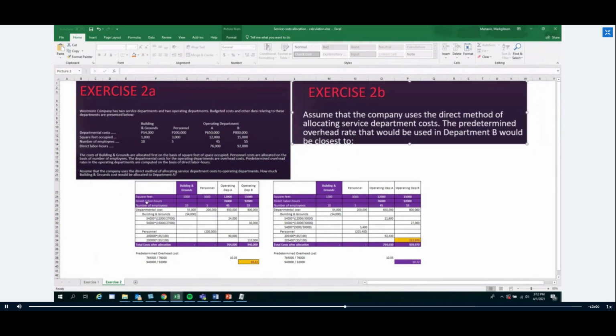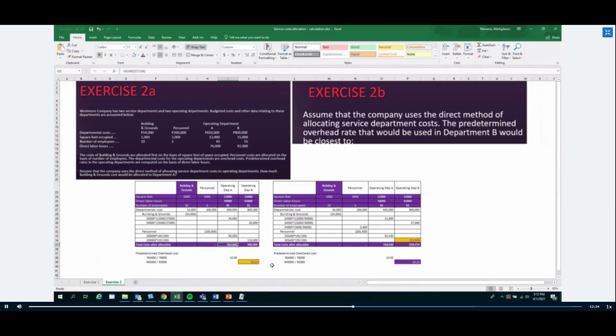Same problem, no? So, ang ginawa natin kanina, kinompute na natin yung total allocation ng building and grounds and then allocation ng personnel. So, therefore, total cost after allocation for Department A, so kinuha natin yung departmental cost niya, yung allocated cost from building and grounds, plus yung allocated cost from personnel.